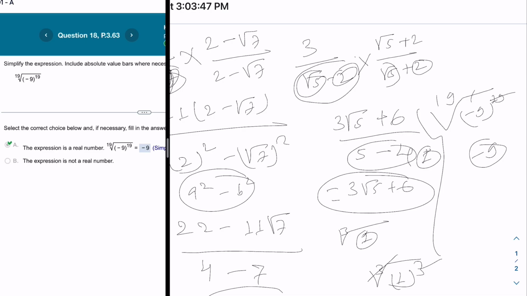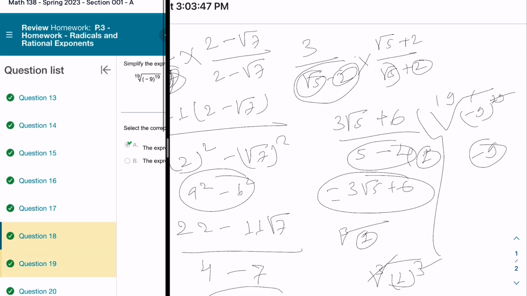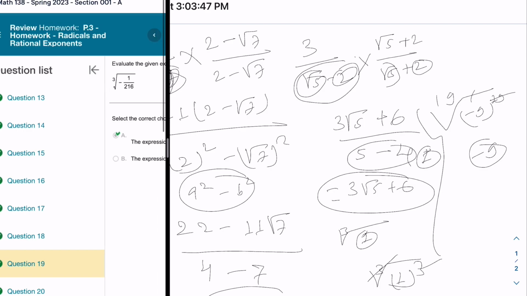You can write both. Minus 9 is the answer.